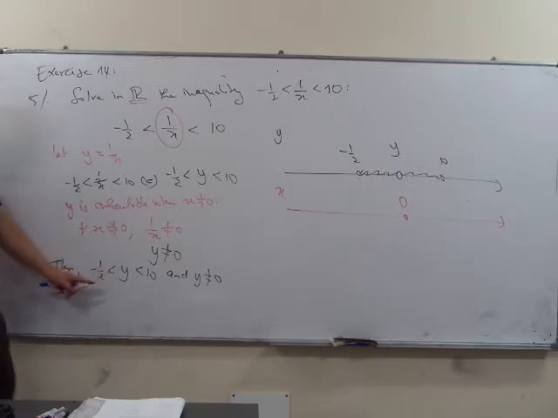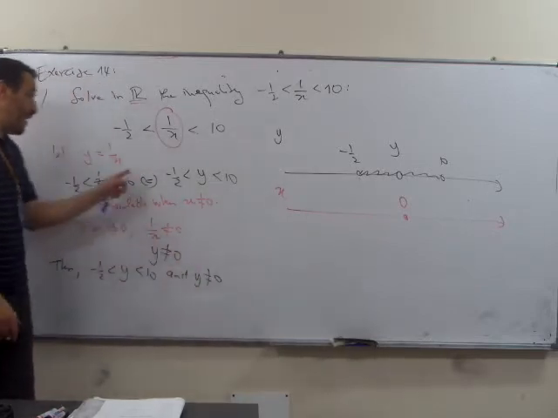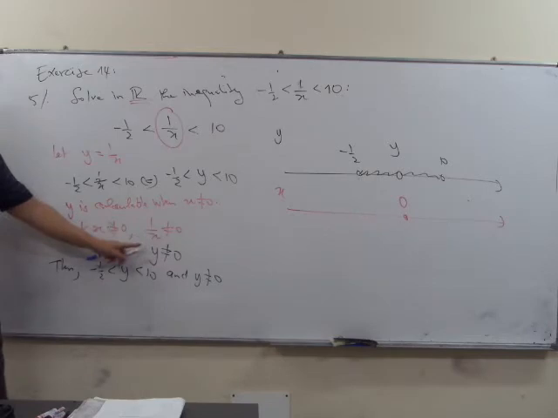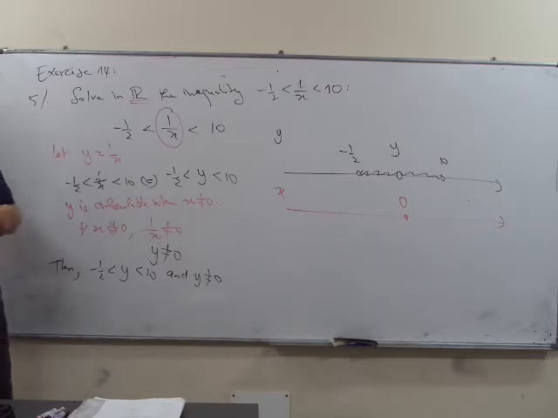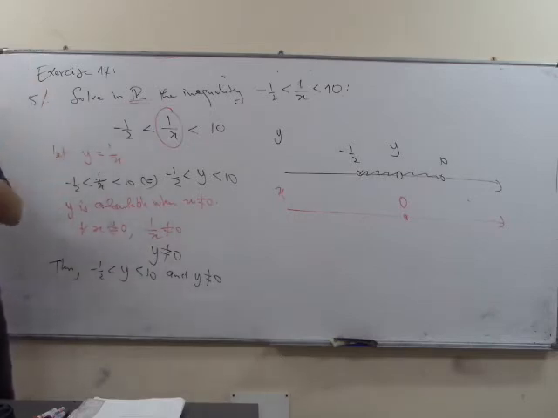Y satisfies this and also this. How did I get this? By applying some properties. It's something obvious. If x is different of 0, the inverse of it, 1 over x, is never equal to 0.